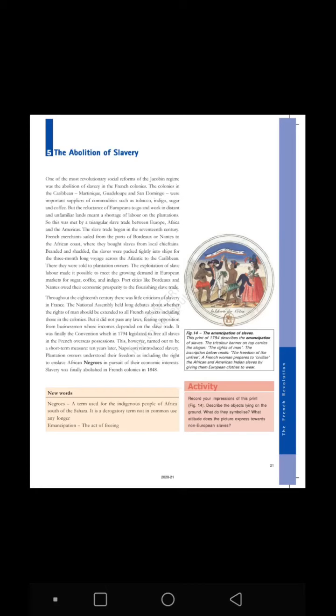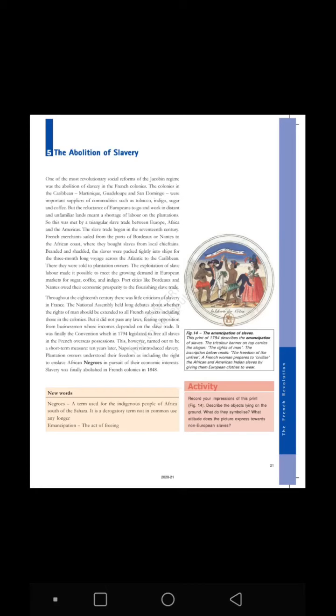Throughout the 18th century, there was little criticism of slavery in France. The National Assembly held long debates about whether the rights of man should be extended to all French subjects, including those in the colonies. But it did not pass any laws, fearing opposition from businessmen whose incomes depended on the slave trade.